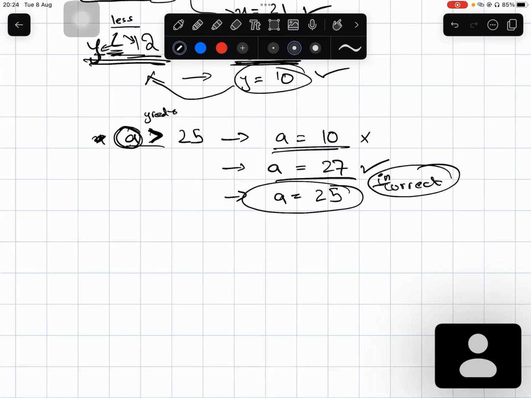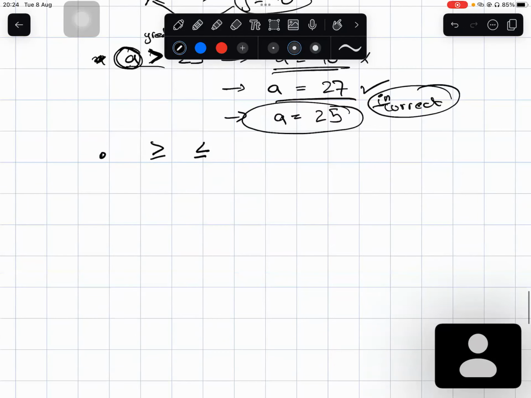However, there is one thing which you need to understand. There are two other signs, and those signs are called greater than or equal to and less than or equal to. Let's do a few examples for these. For example, the same question was asked: A is greater than, but now the sign is like this, and then 25.